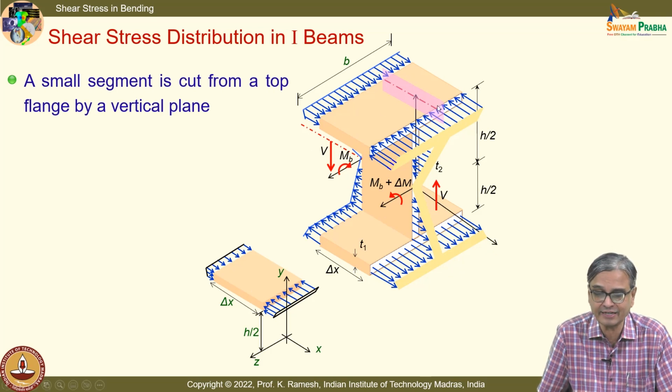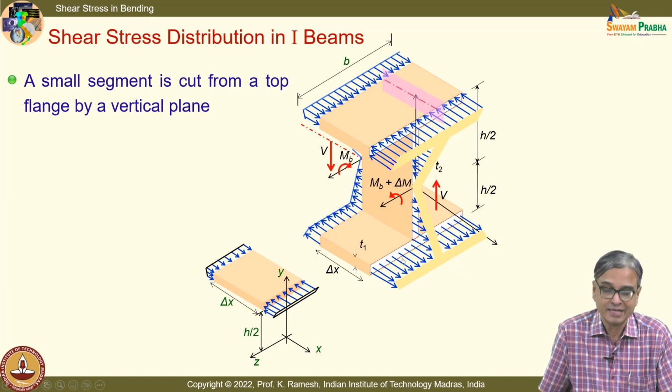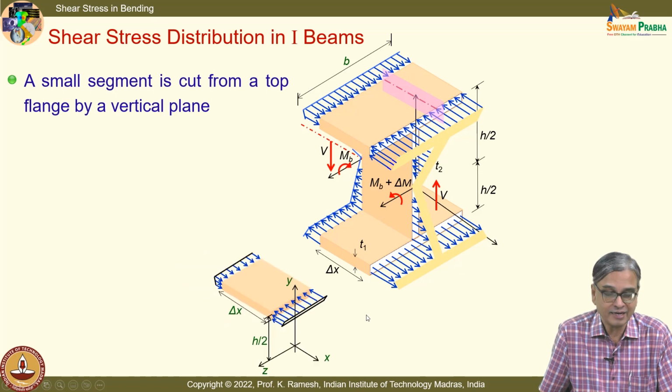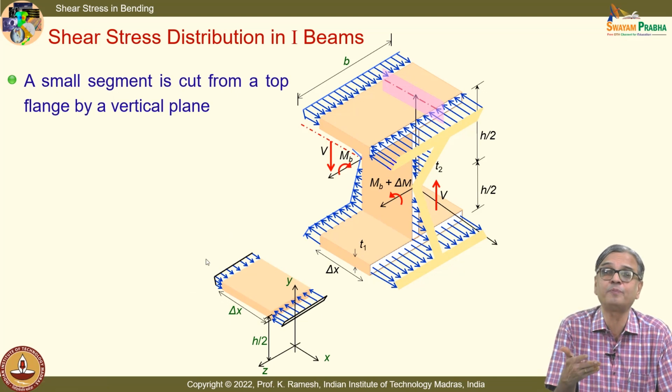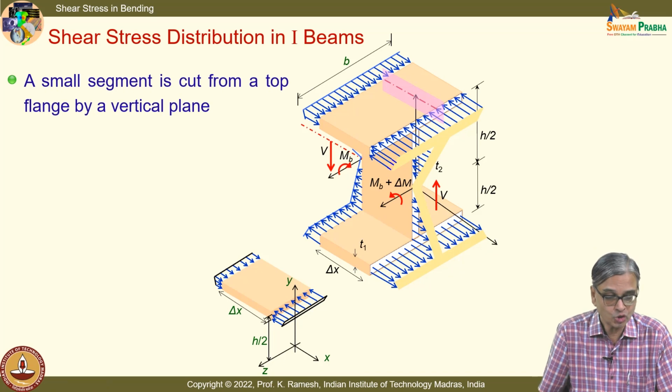I have a vertical cut here, and when I make a vertical cut on the flange, this portion of the flange will not remain in equilibrium, and when I make the board smart, it understands that it is not in equilibrium, so it will move, and this has to be in equilibrium because the whole beam is under equilibrium. So you will have stresses developed on this surface. Is the idea clear?